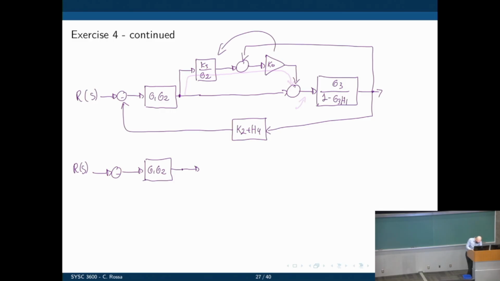We have here, let's see if you get it, K5, K6 divided by G2. And now I'm creating a sum for that guy, like this. And then the other sum remains for this K6 that was coming after the transfer function.